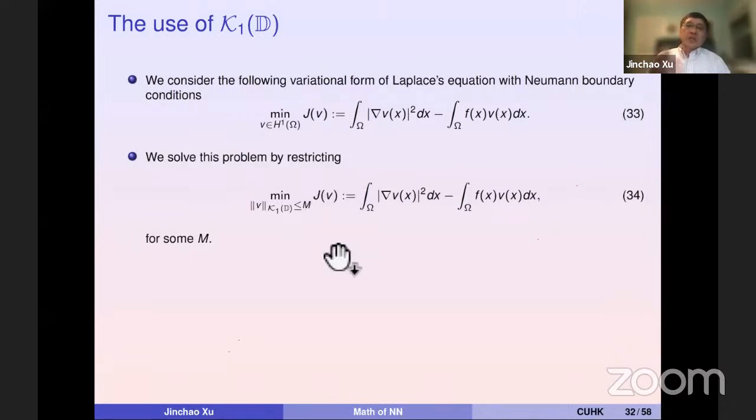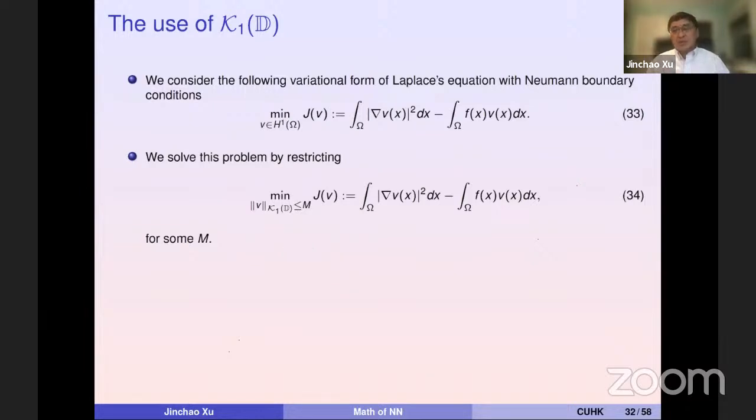So if you have sufficiently smooth coefficients at the boundary, and if you can prove that the solution will be in this Barron space, in this what I call variation space, then you want to minimize these things only within this bound.